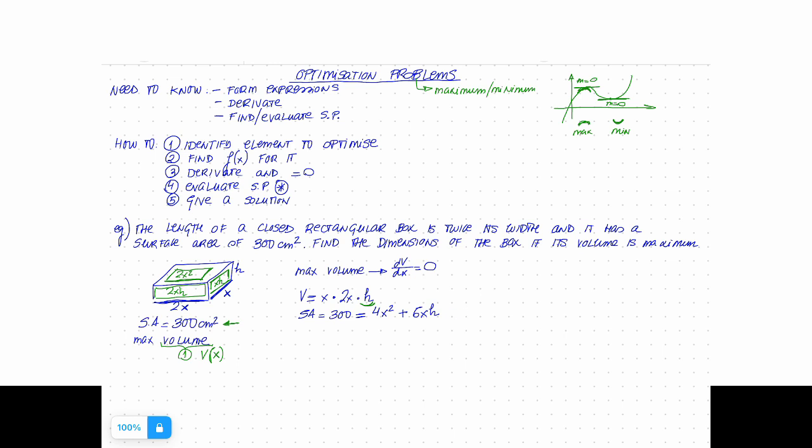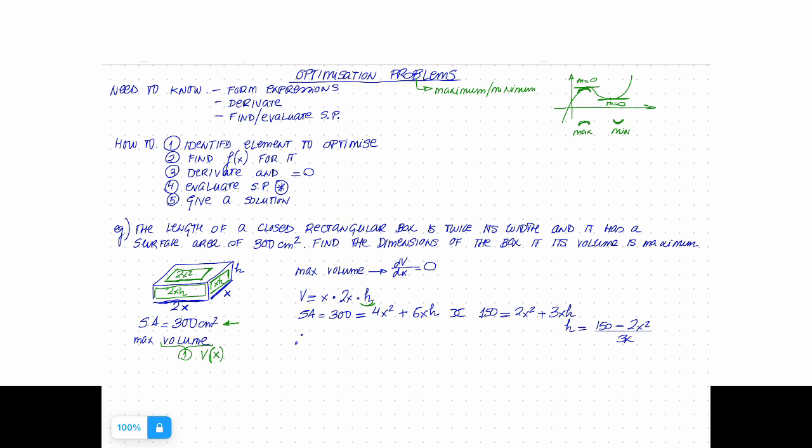So I'm just going to simplify here. I'm going to divide everything by 2. And now I'm going to leave h alone. So this is going to be 150 minus 2x squared over 3x.